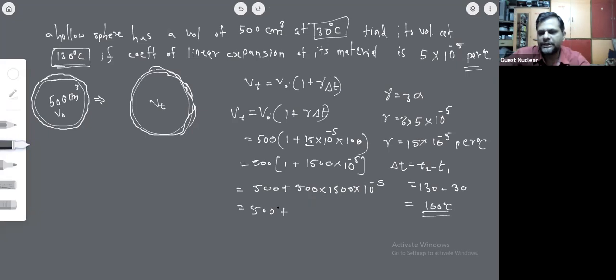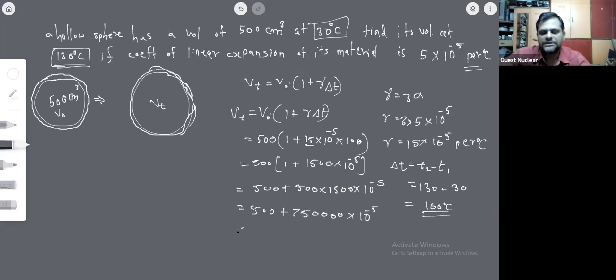How much does it come out to be? 5 into 15 is 75, so here it is 75 and 4 zeros will come. And that is multiplied by 10 raised to minus 5, because of which the decimal point will shift 5 digits to the left. So 1, 2, 3, 4, and 5. That means 7.5 will be the product here.